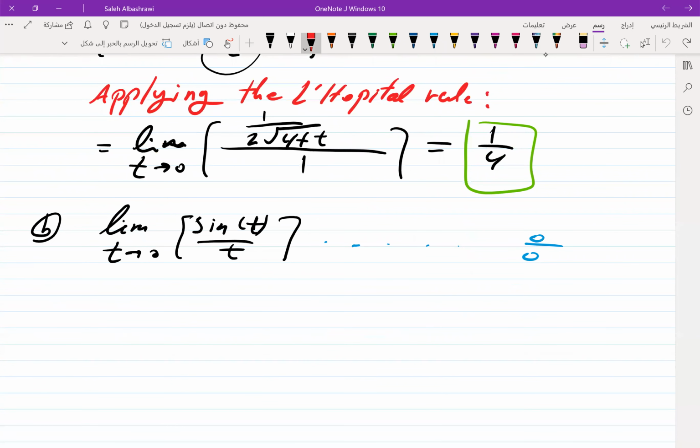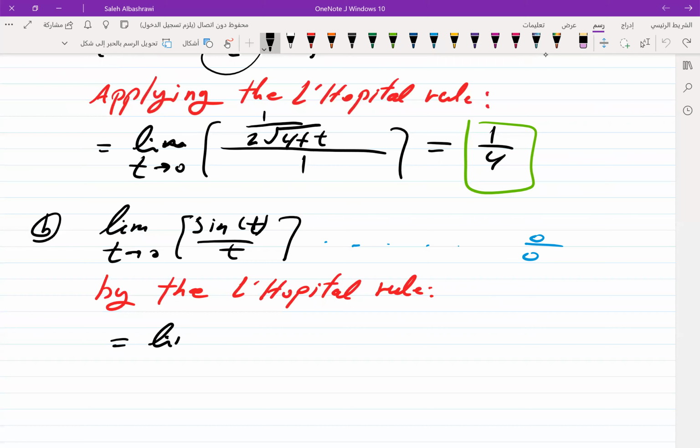So again, by the L'Hopital rule, this is equal to the limit of the derivative of sine, which is cosine of t, divided by 1. Now replace t by 0, I will have 1.